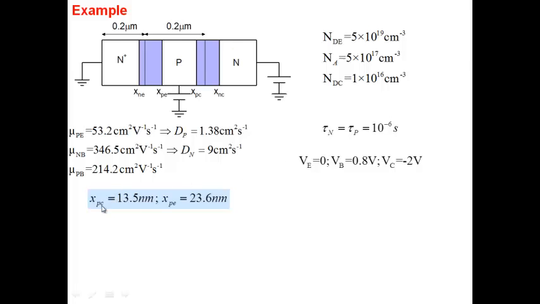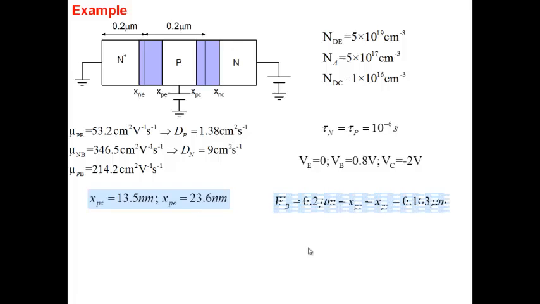I'm not going to go through it. One can determine that the extent of the depletion region in the base, on the collector side, is 13.5 nanometer, and in the emitter side is 23.6 nanometer.